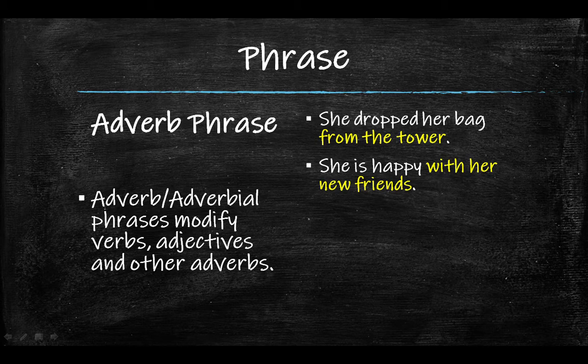With her new friends modifies happy by telling us the reason of her being happy. Why is she happy or how is she happy? Happy with her new friends. And as a modifier of an adjective, it's an adverb phrase. We are calling with her new friends an adverb phrase because it's modifying an adjective.